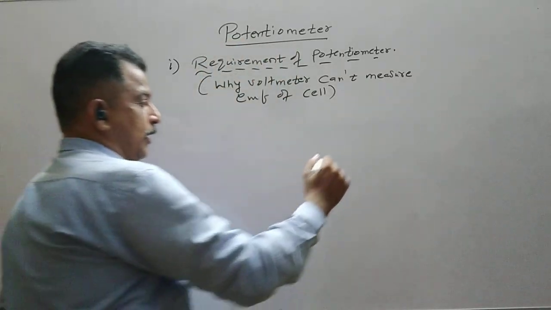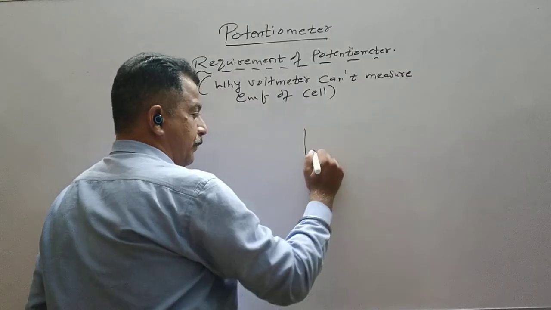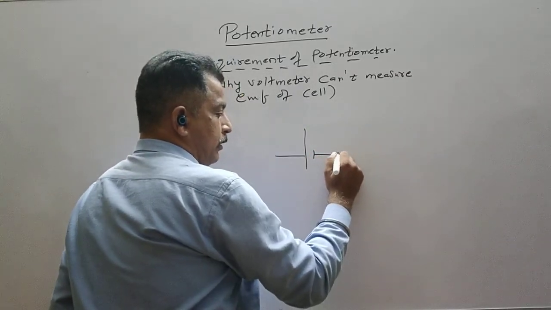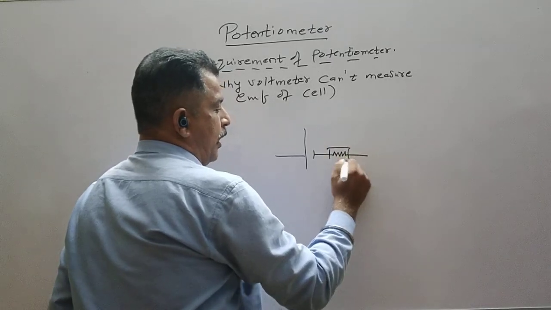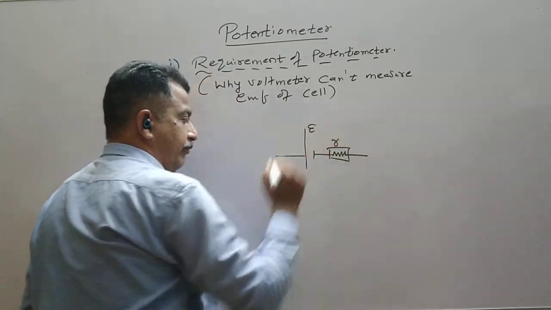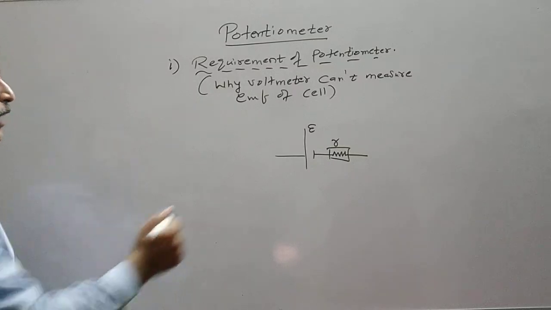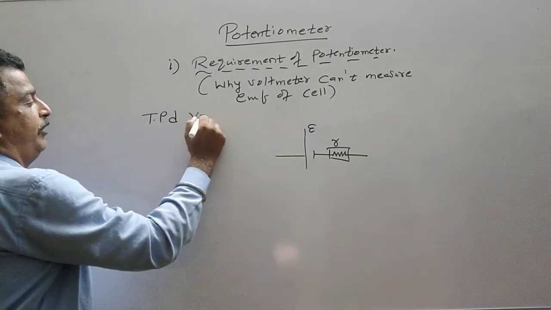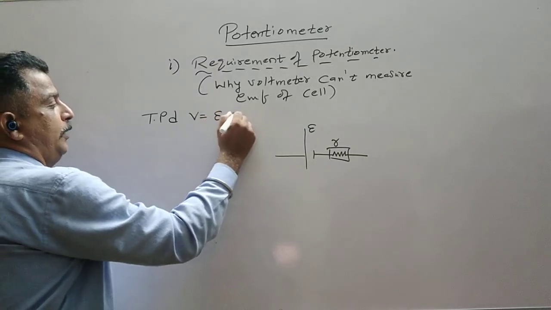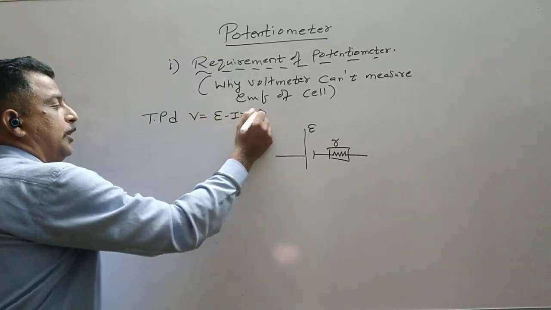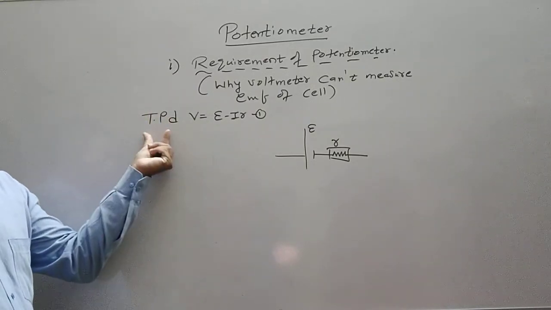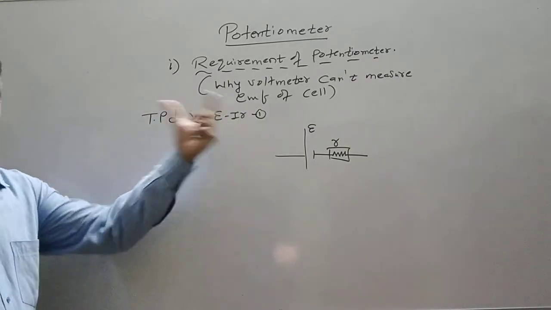Now if we consider a cell, suppose this is a cell having internal resistance r and EMF E. We have studied that terminal potential difference V is equal to E minus Ir. This terminal potential difference comes into the picture when the circuit is closed.